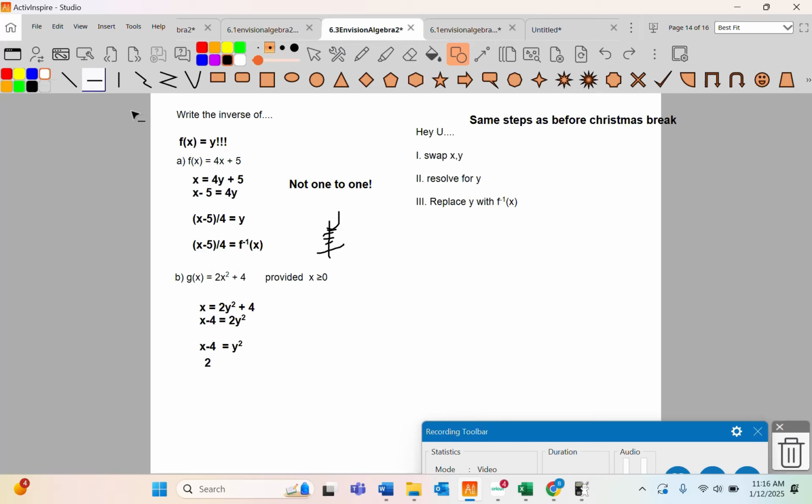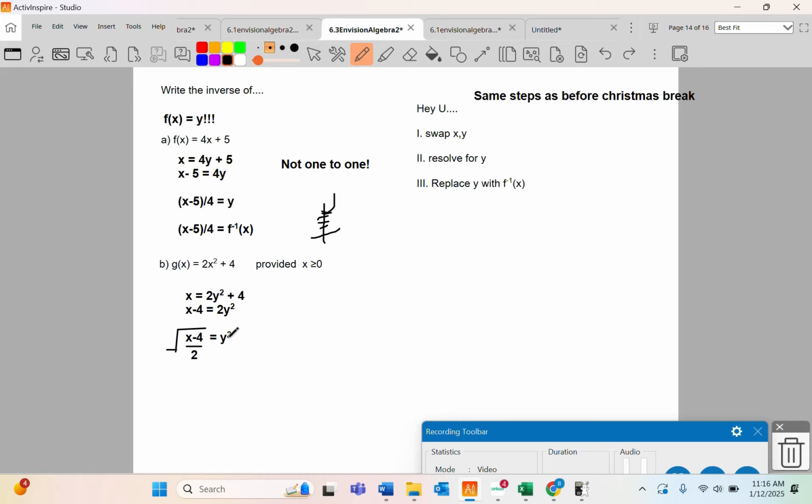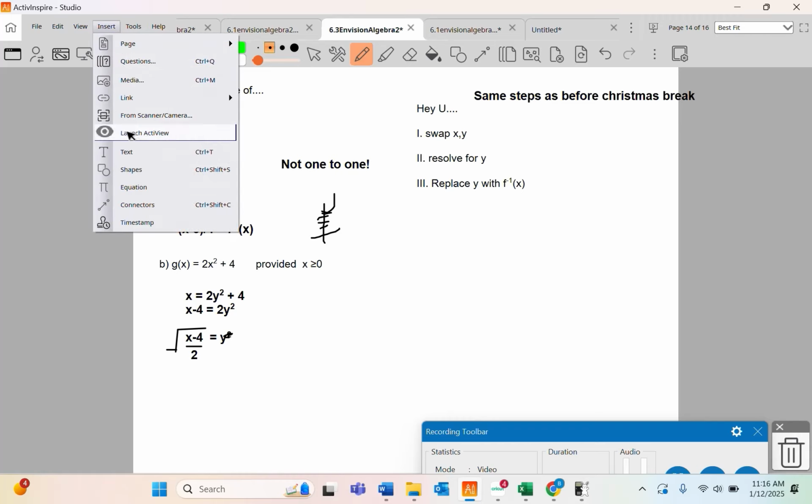But I don't. And then we're going to do the opposite of squaring, which is square rooting. So in order to save myself a little time, I'm just going to do this right here. And I'm going to get rid of that. Gone. So there's what my inverse is, as long as I replace that y with the correct notation here.